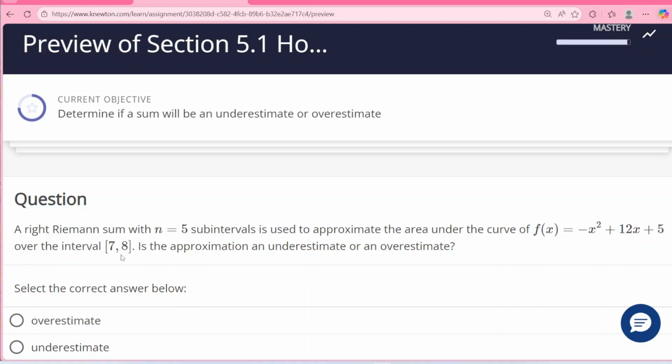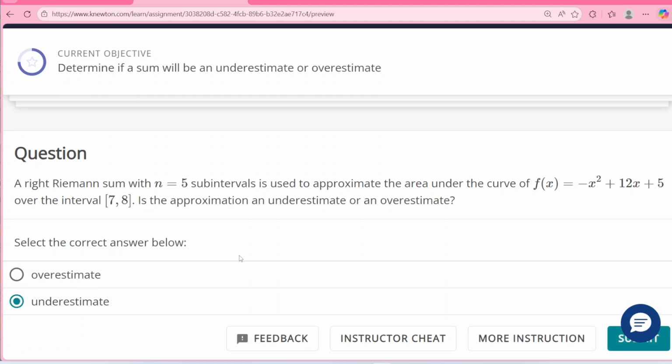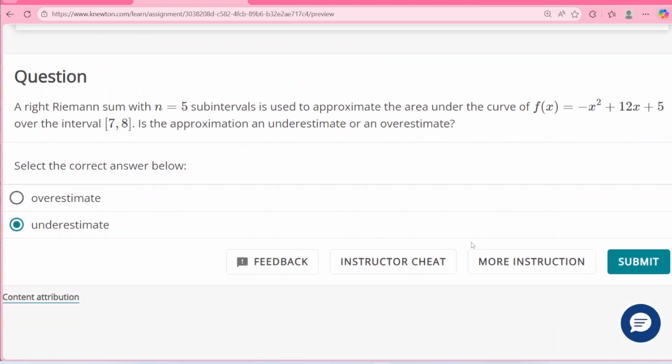So that's the part where it's decreasing. So I said in the last problem, if you're on a decreasing part of the curve and you plug in right endpoints for the heights, you're going to be underestimating the area again. When you're decreasing, the left Riemann sums will overestimate, but the right Riemann sums will underestimate on a decreasing part of the curve.